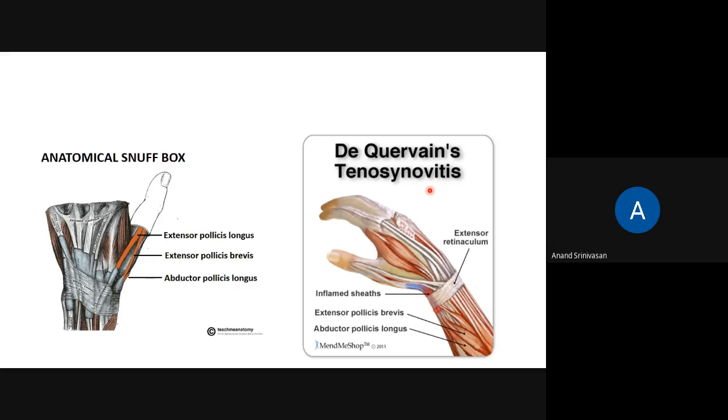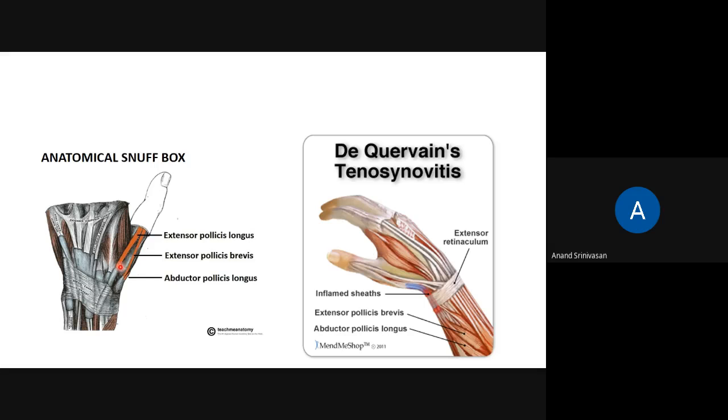Now coming to the next part, the anatomical snuff box. If you extend the thumb, here you can see a hollow depression, and you can feel the two tendons on either side of it.